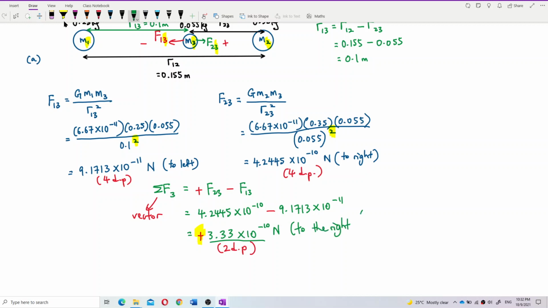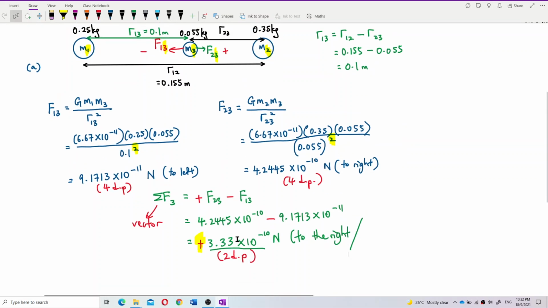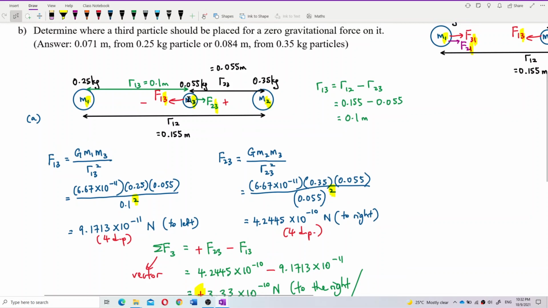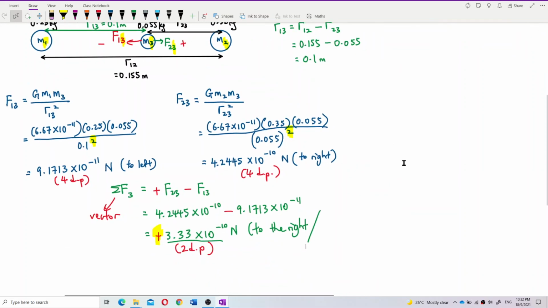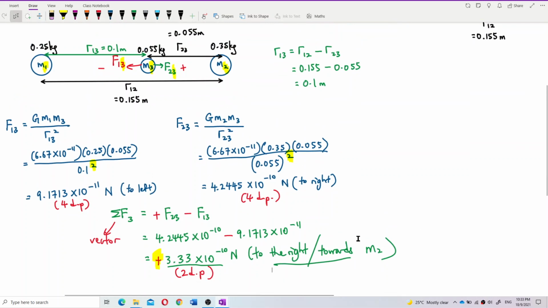If the total force is to the right, that means the resultant force on mass 3 is to the right, which is towards mass 2. So you can write as towards mass 2 also. Either way, you write to the right or towards mass 2, both accepted.